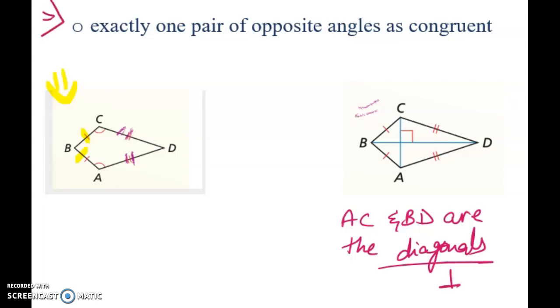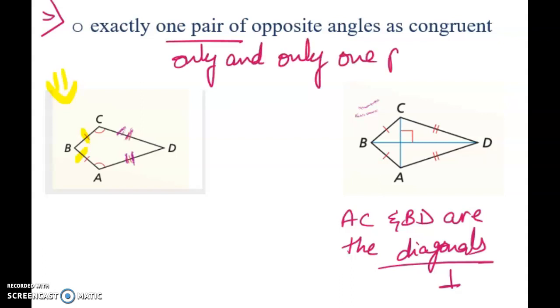Another piece of information is this one: exactly one pair of opposite angles is congruent. Yes, only one pair, not more than that. Now you can see angle A is congruent to angle C. B and D are not congruent, but at least one pair will be congruent to each other.